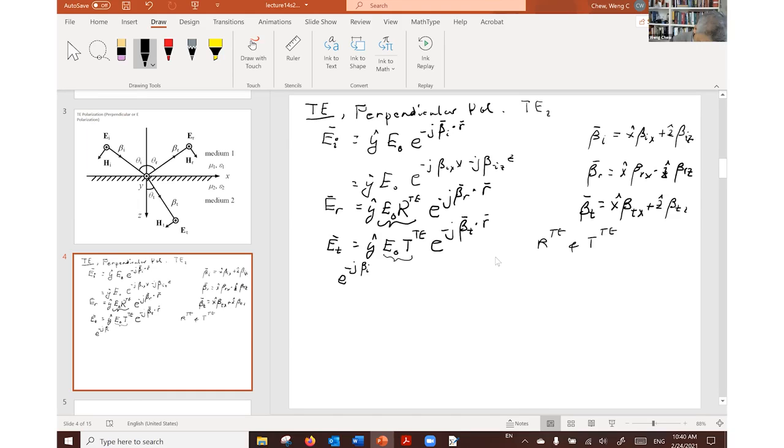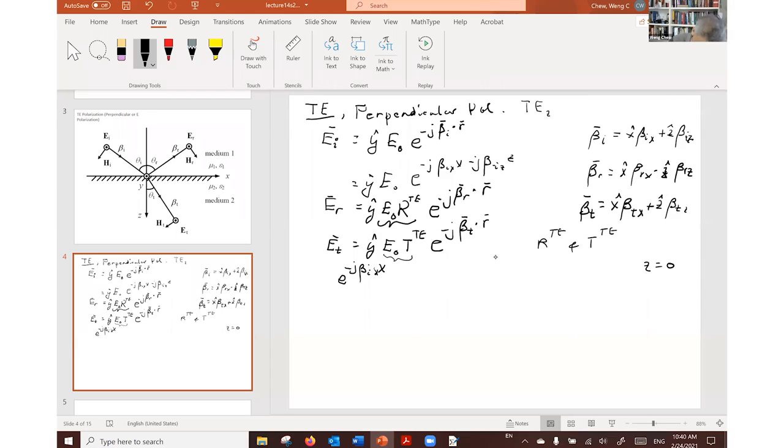Let me write down this factor explicitly, setting Z equal to 0. So if I write down the factor, it would be e to the j beta ix x. But because I set Z equal to 0, the exponent in Z just becomes 1.